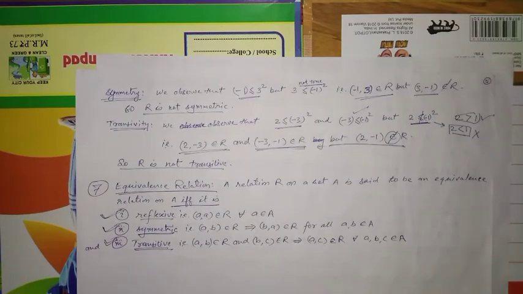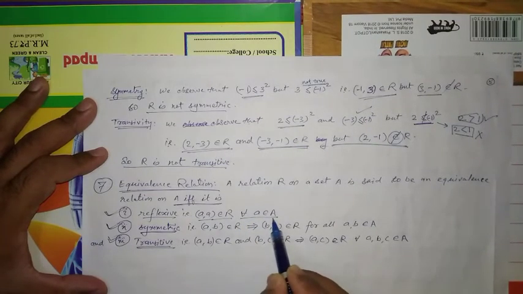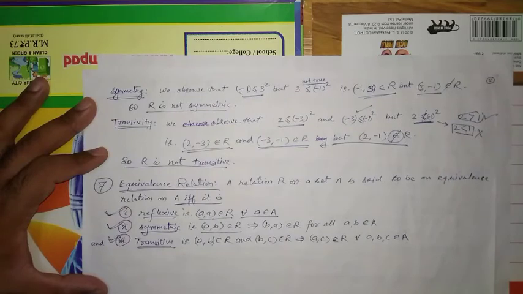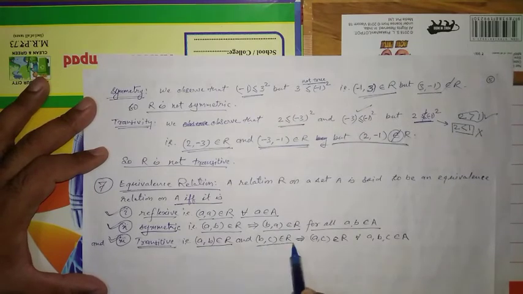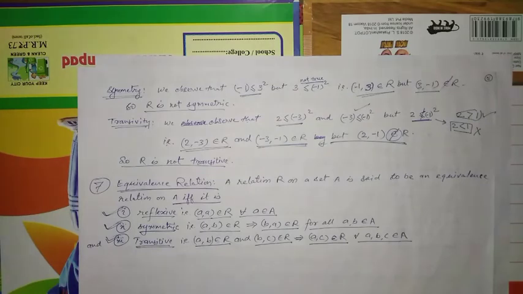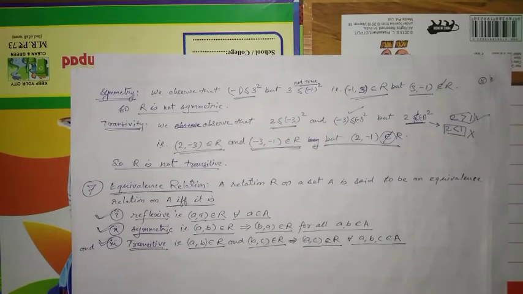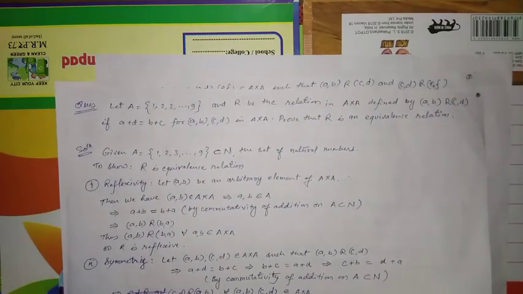Reflexive is (a, a) belongs to R for all a belongs to A. Symmetric is (a, b) belongs to R implies (b, a) belongs to R for all a, b belongs to A. Transitive is (a, b) belongs to R and (b, c) belongs to R implies (a, c) belongs to R for all a, b, c belongs to A. So it has to fulfill all the criteria, then only the relation is said to be an equivalence relation, otherwise not. And we'll solve a question on this.